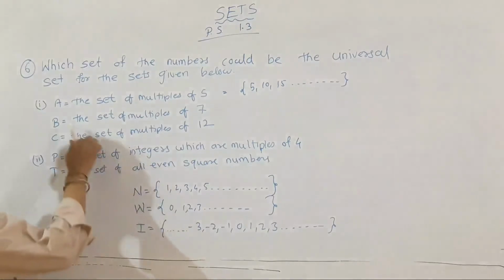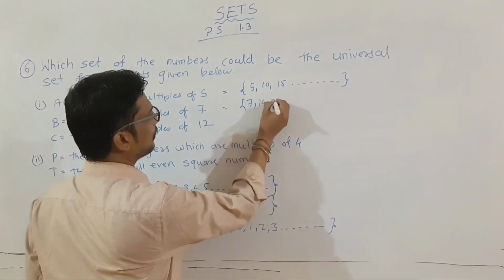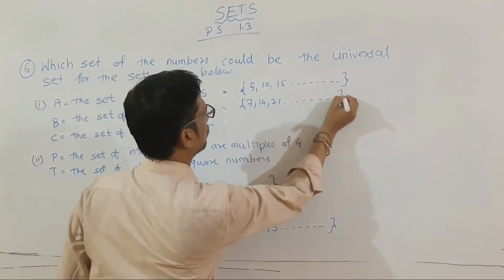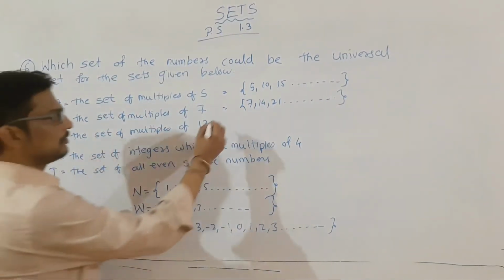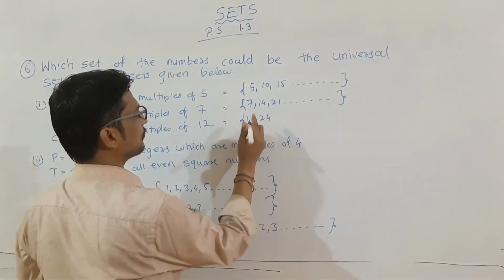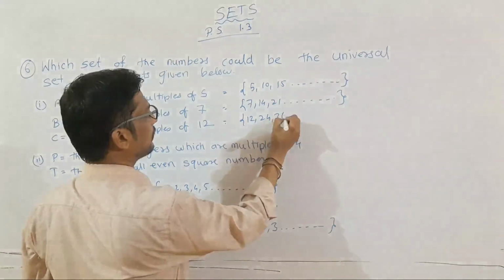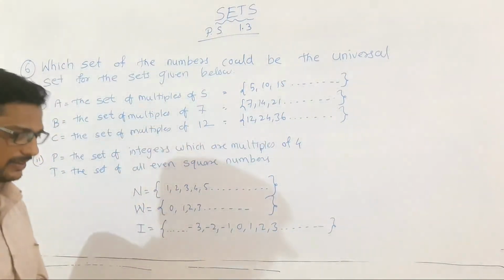Then the set of multiples of 7, that means 7, 14, 21. And the set of multiples of 12: 12, 24, 36. So there are 3 sets like this.